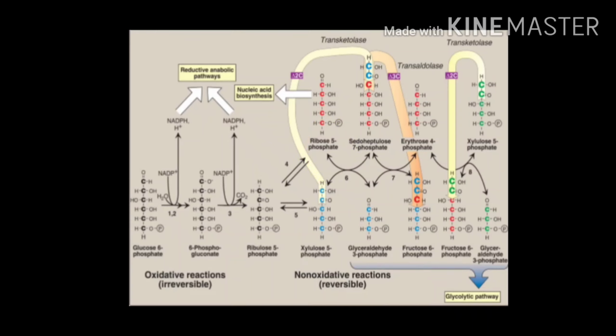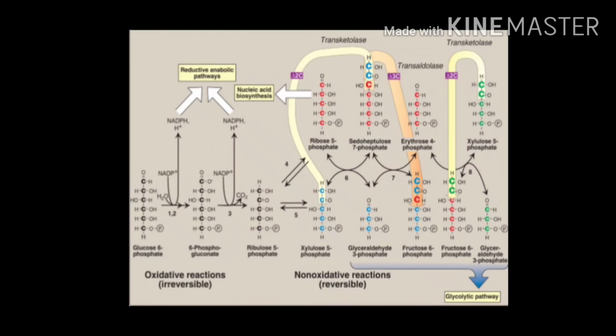Now this glyceraldehyde 3-phosphate that is formed from xylulose 5-phosphate enters the glycolytic pathway, because it is an intermediate of glycolysis. On the other hand, in pseudoheptulose 7-phosphate, 3 carbon atoms are transferred to glyceraldehyde 3-phosphate, which is converted into fructose 6-phosphate.